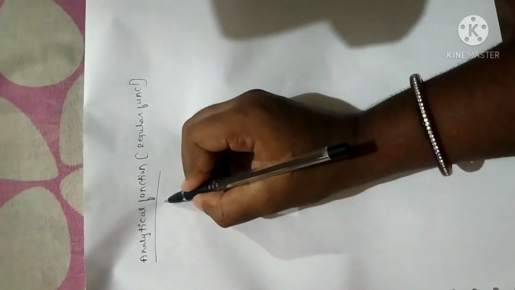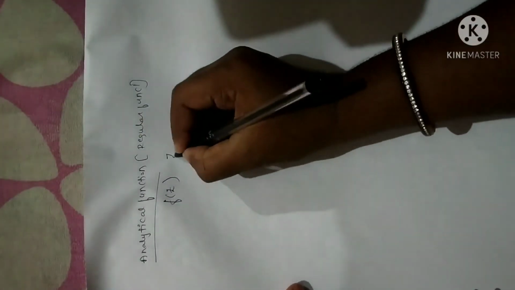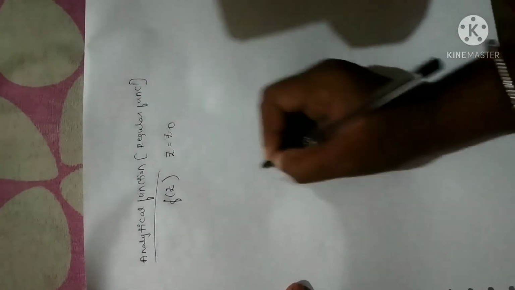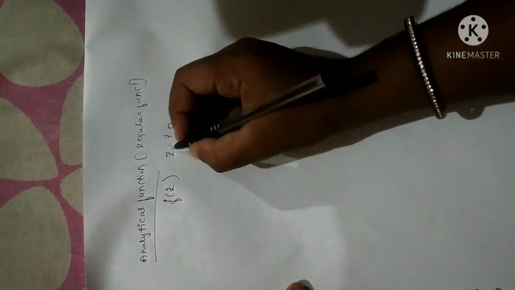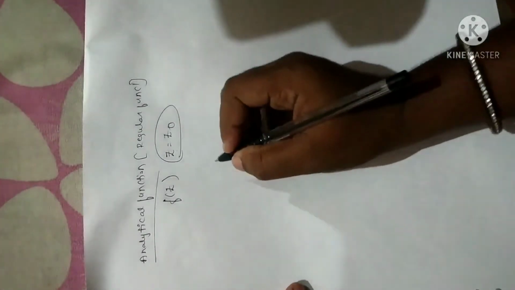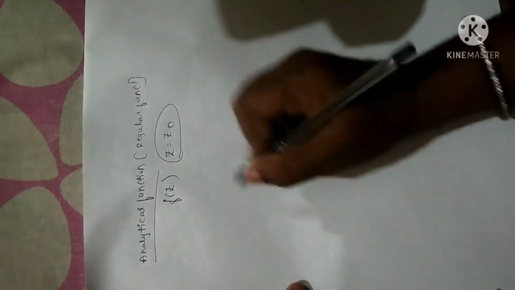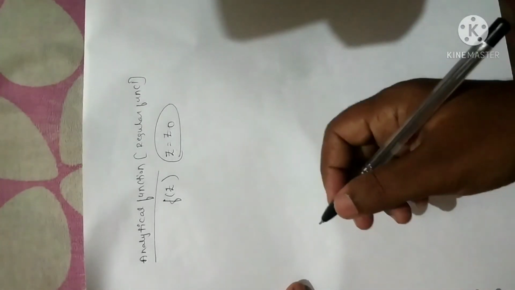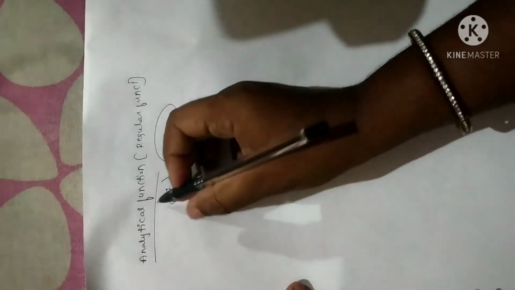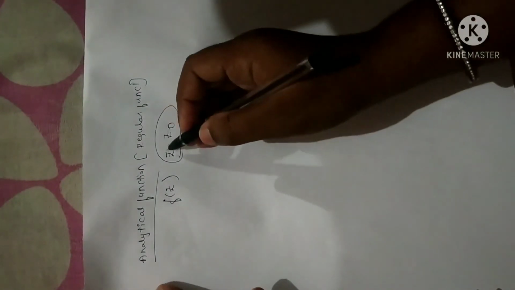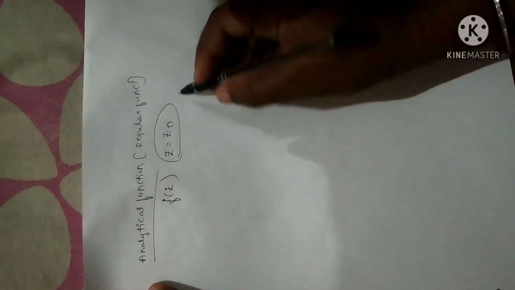Any function f of z is said to be analytical at a point z is equal to z naught if it is differentiable at this point as well as in its neighborhood, at all its points. I have just explained this neighborhood. So a function f of z is analytical only when it is differentiable at the point z is equal to z naught and also in its neighborhood.